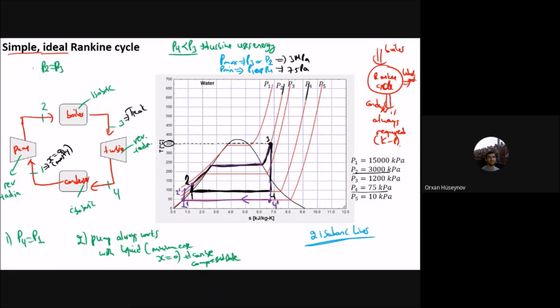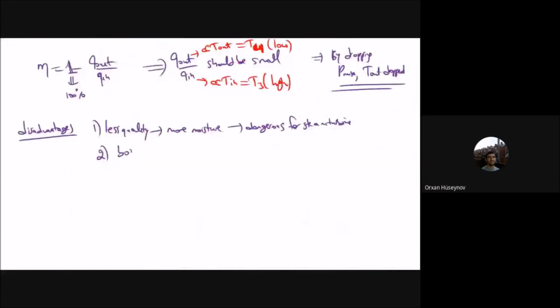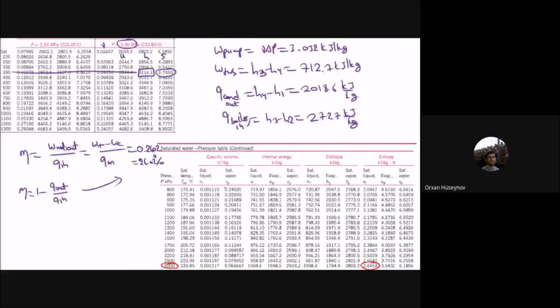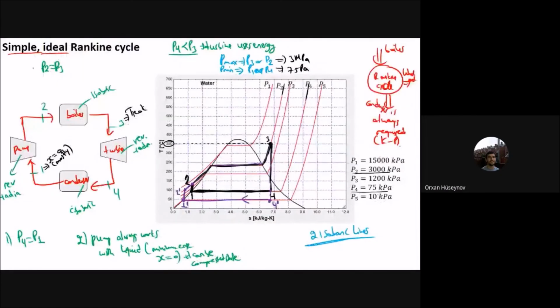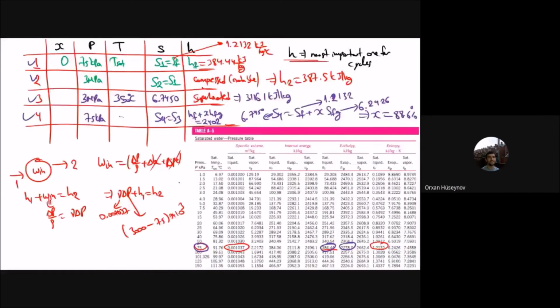Now it heats from this amount, which is 2 prime. You can see the boiler heats an additional amount of heat transfer to the fluid. So now the boiler heat input should increase, because at the beginning it was from 2 to 3. Now it is from 2 prime to 3. 2 prime has lower temperature than the 2. Okay, these are the disadvantages.